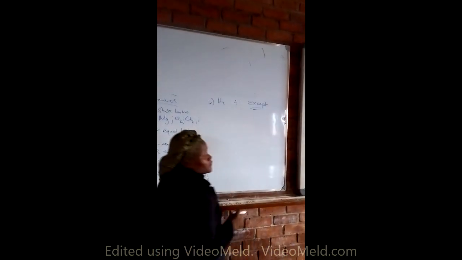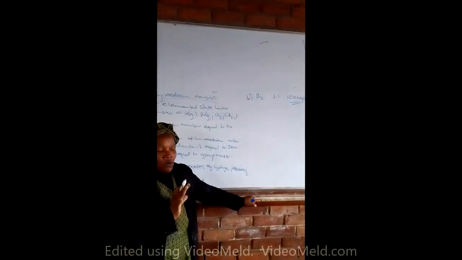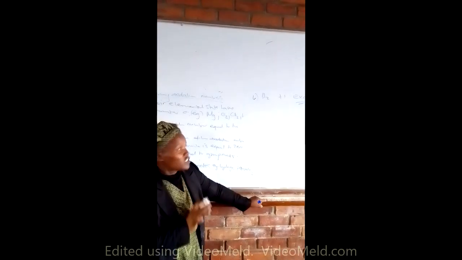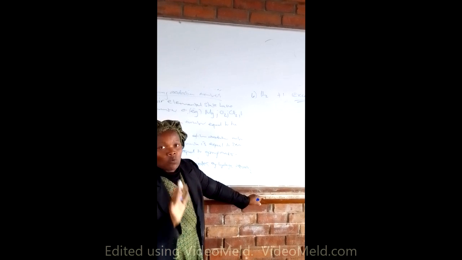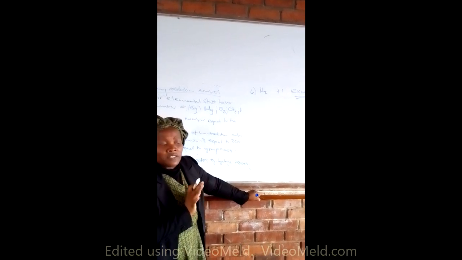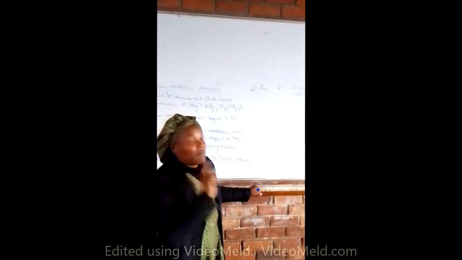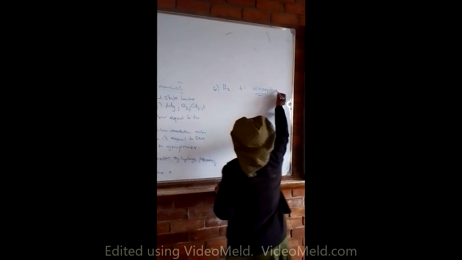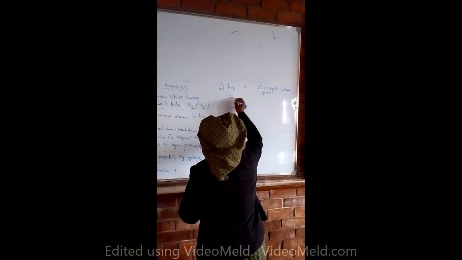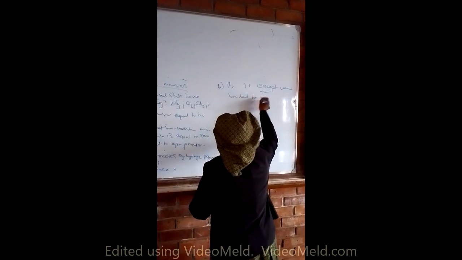In all compounds where we have hydrogen, we assign it +1. But when is this going to differ? It is different when it is bonded to a metal.